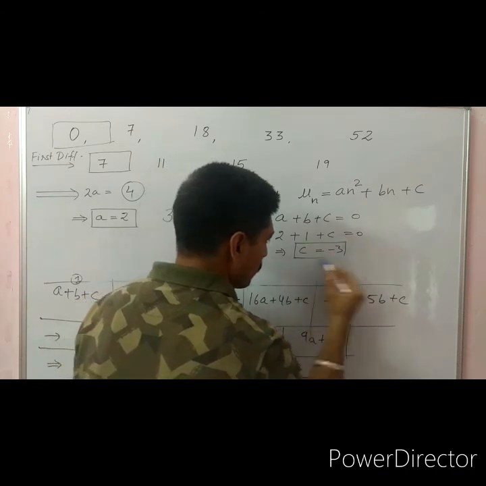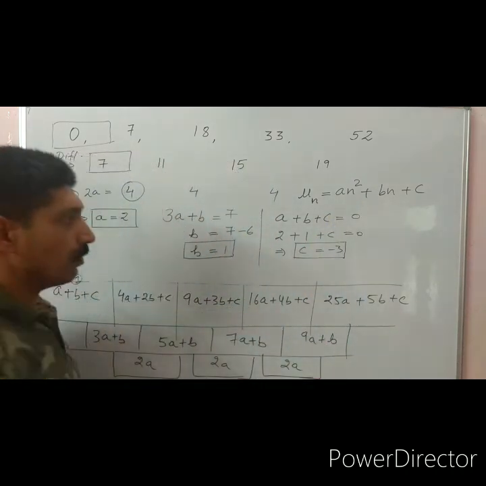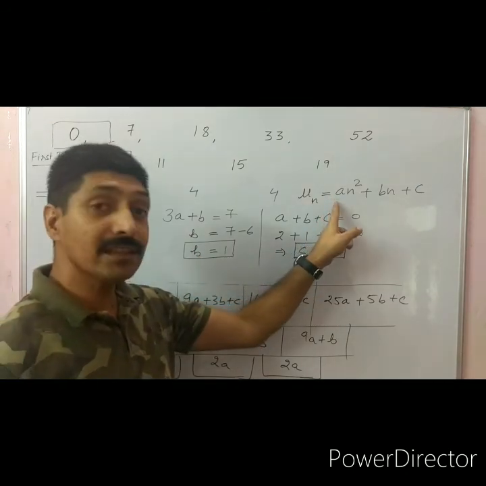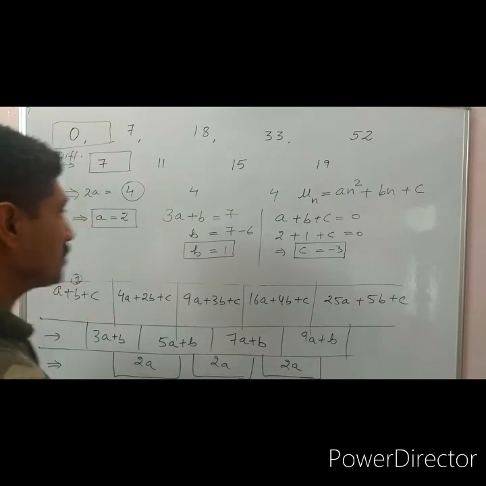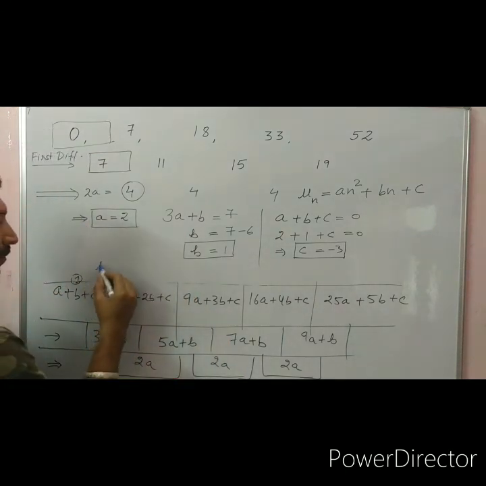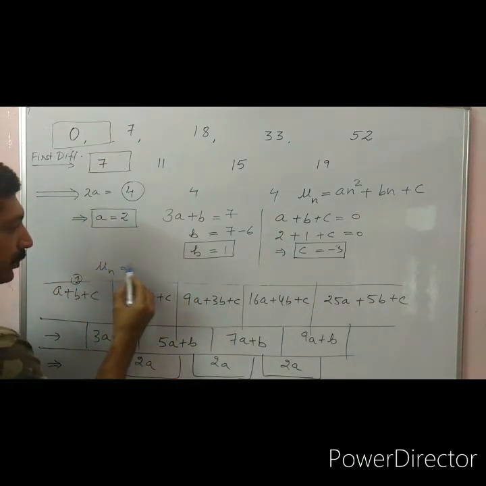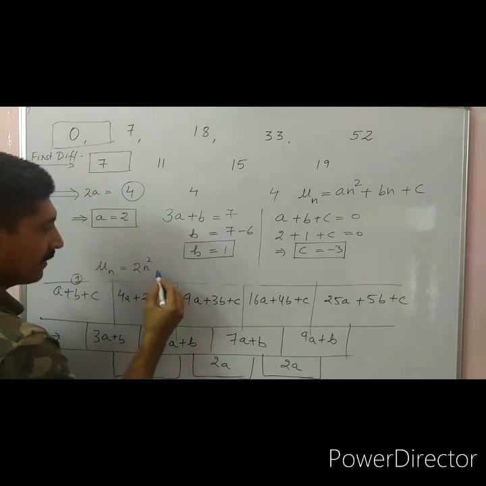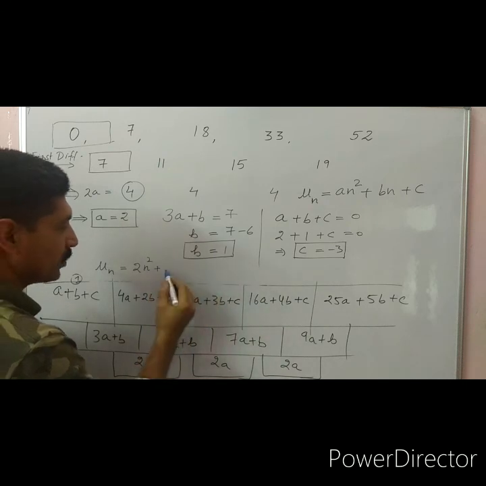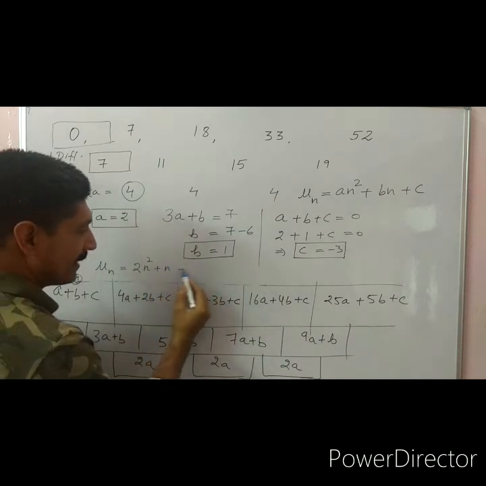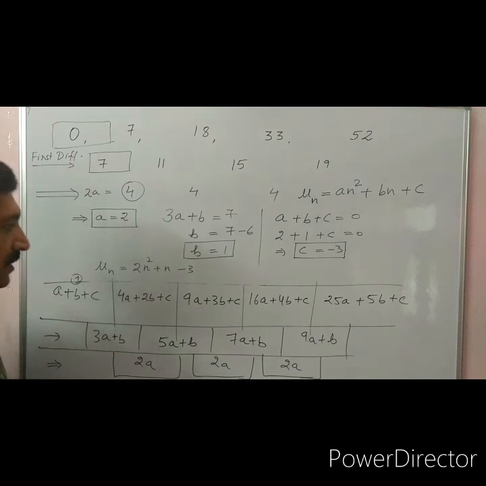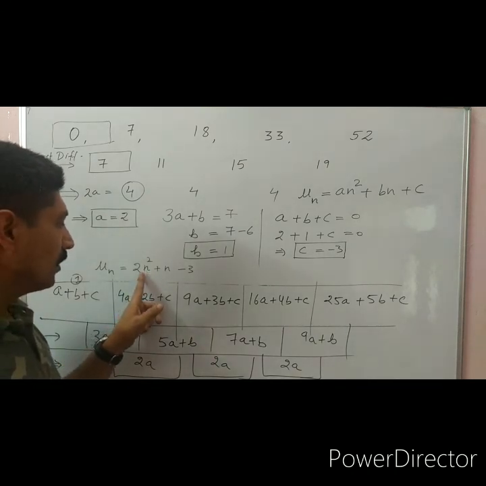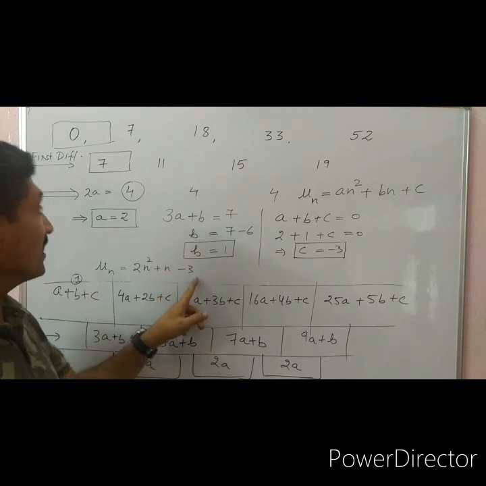So now substituting the values of a, b and c, the nth term of the sequence, that is un, is equal to 2n square plus n minus 3. Let's check. If n is 1, 2 plus 1 is 3, 3 minus 3 is 0.